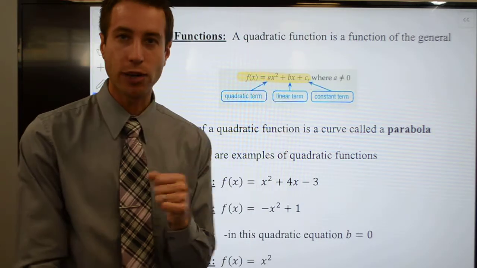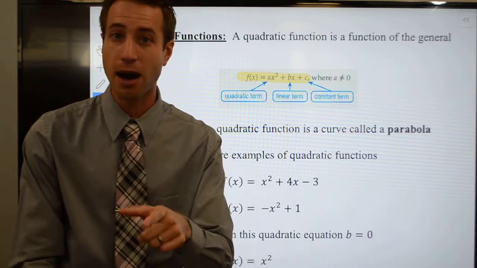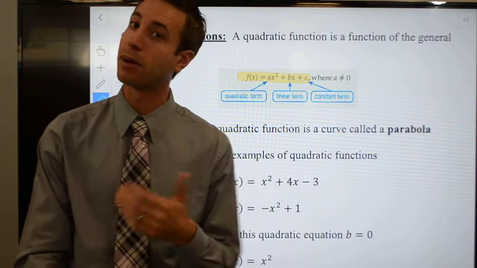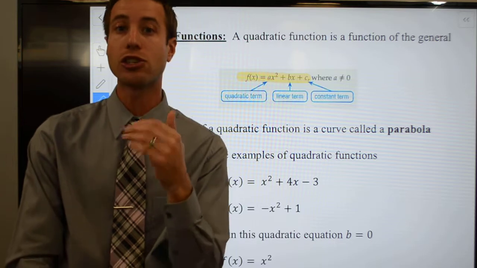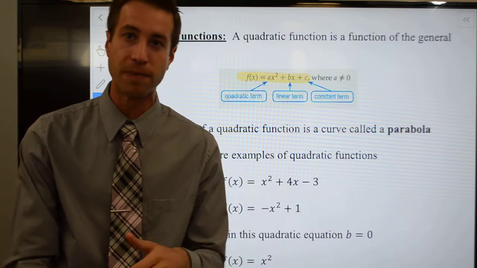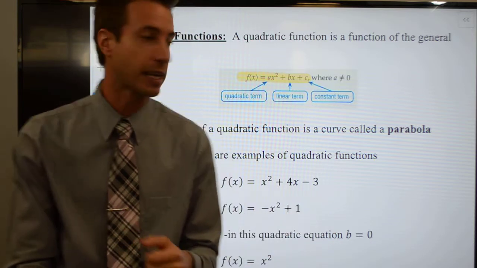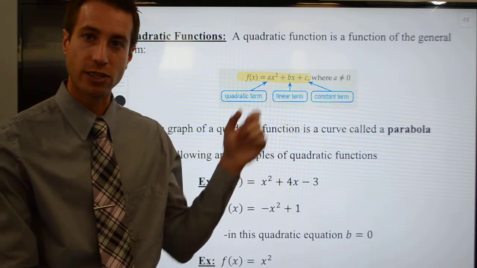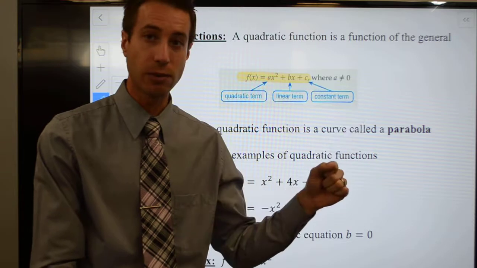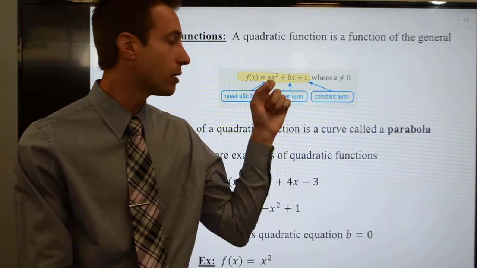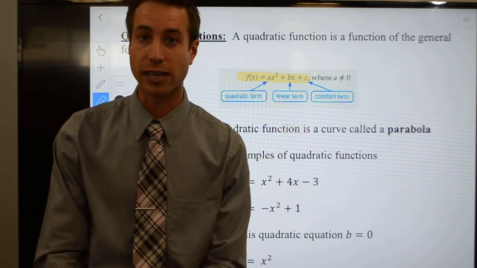This is a quadratic function because of the x squared term. In fact, anytime you see an x squared as the largest power in a function, it's going to be quadratic. So that represents our quadratic term. That's what makes it quadratic. Now, if a were 0, you would then have 0 multiplied by your x squared.